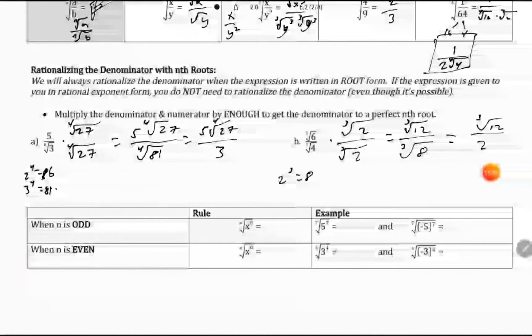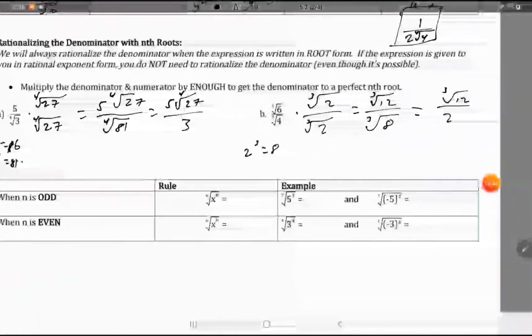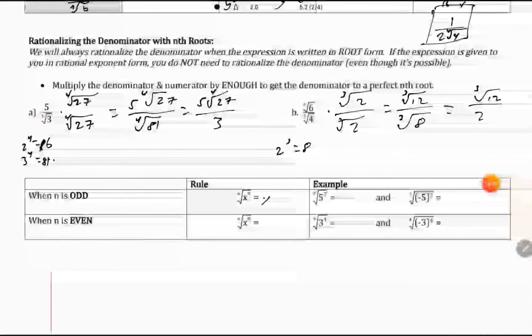Alright, let's look at these 2 rules. Just remember, when the index n is odd, 1, 3, 5, 7, 9, we just keep x the same. When n is even, the result is always positive.